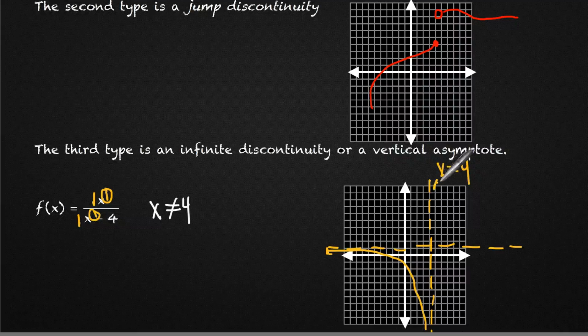Right now, we're not assuming that you know how to graph these, but you can see that anytime there's an asymptote, the function is going to be going up to infinity on one side and down to infinity on the other side, or sometimes both go up to infinity. That's why it's called an infinite discontinuity, because very close to this asymptote, the function is going up or down to infinity.